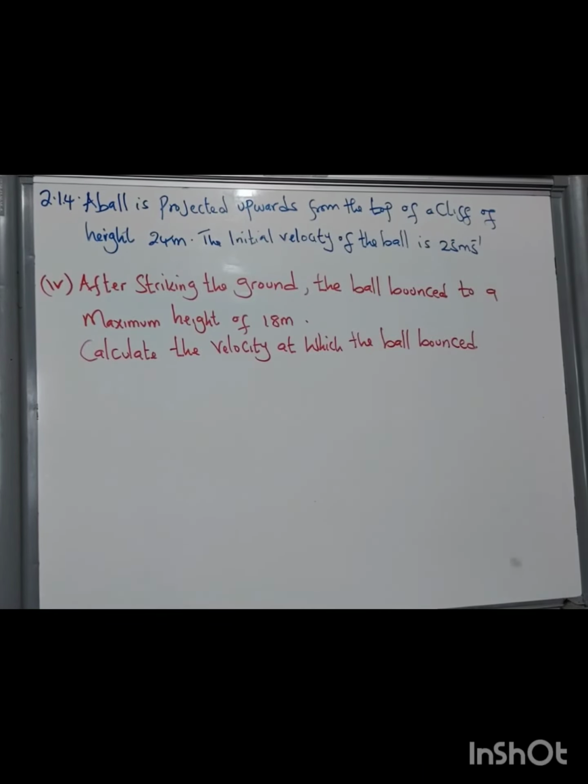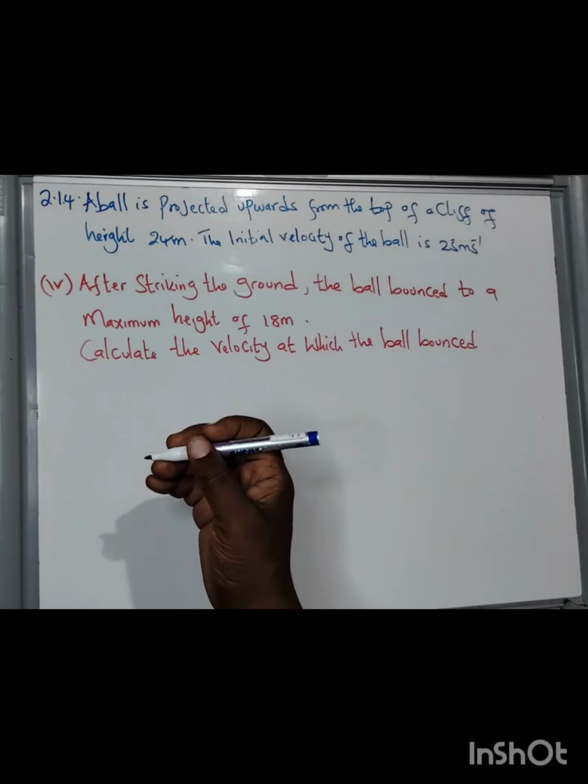Then we come to this question. It says that after striking the ground, the ball bounced to a height of 18 meters, and says calculate the velocity at which the ball bounced. Let us look here. The ball hit the ground and it bounced. So what do we do?